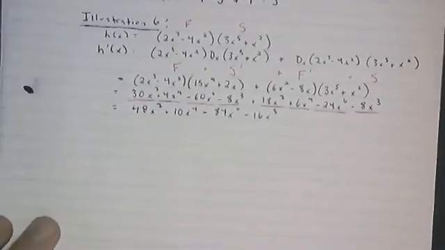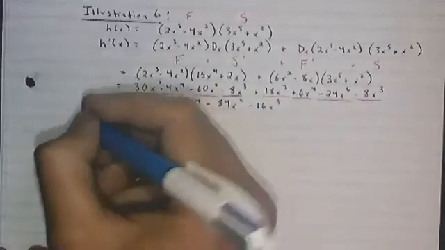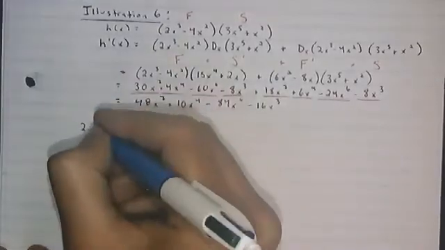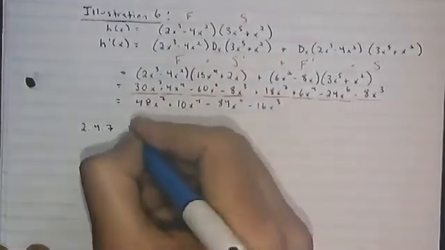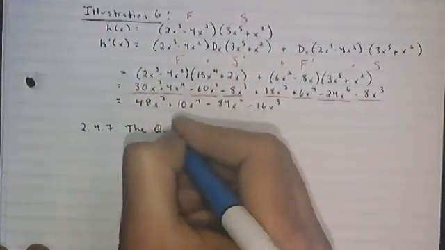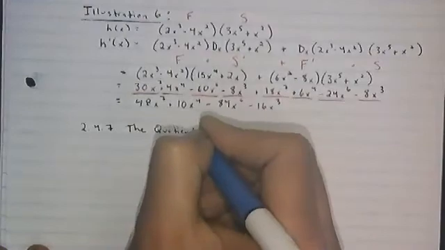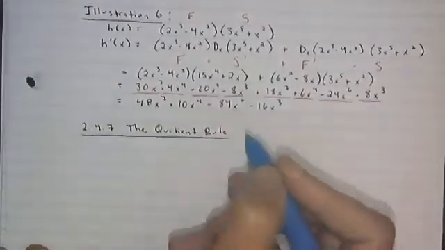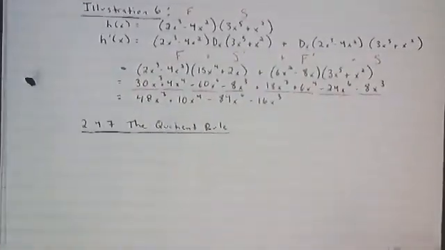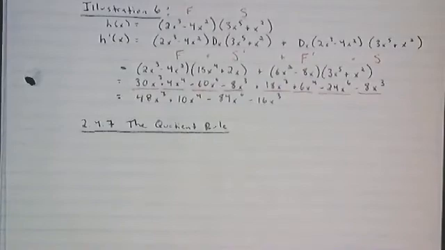Again, it's not going to be quite as nice as limits. 2.4.7, the quotient rule. And this is another one that you need to commit to memory. It will be a slightly trickier thing to do than the product rule because unfortunately subtraction is not commutative.